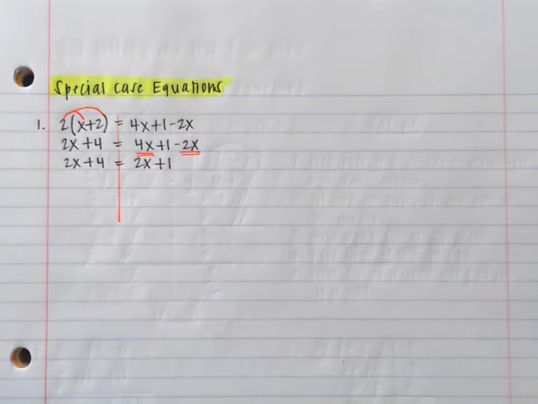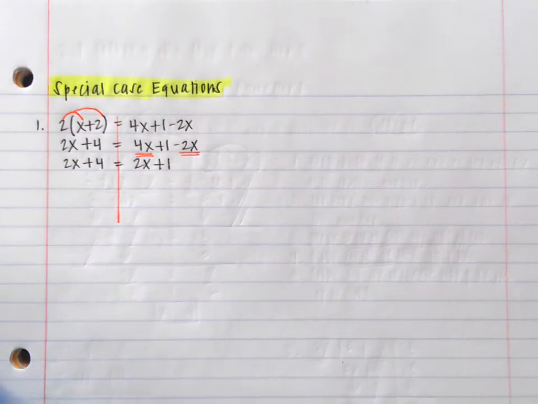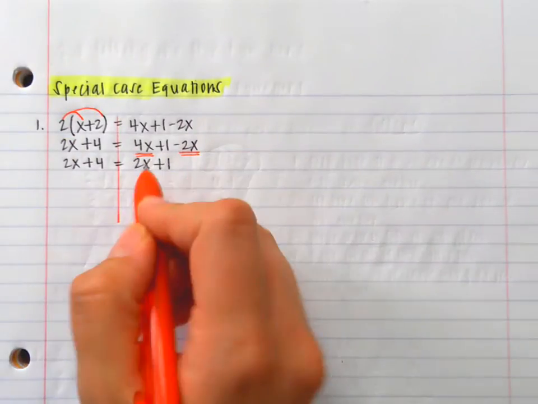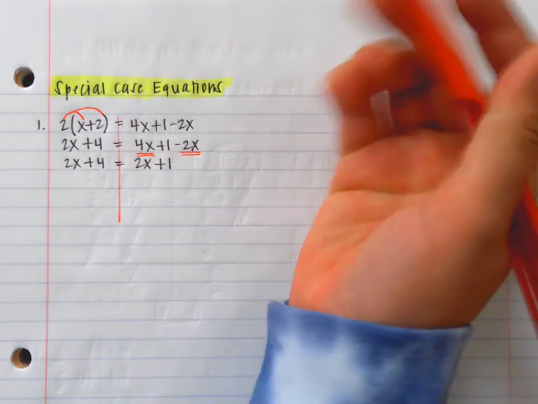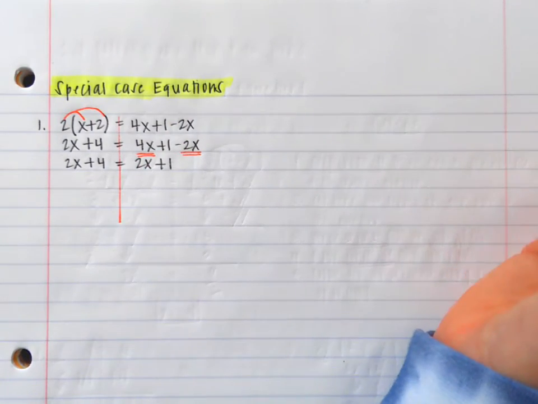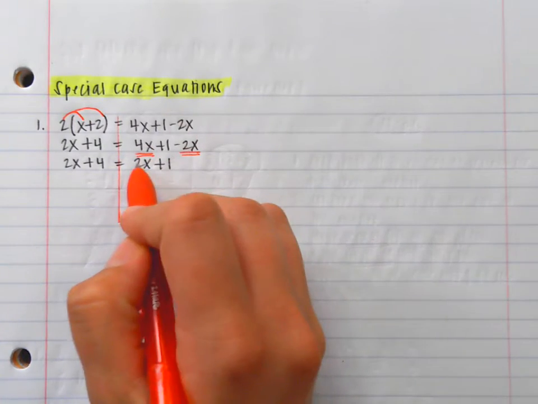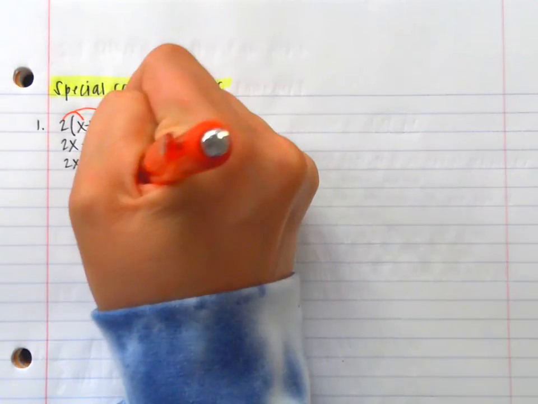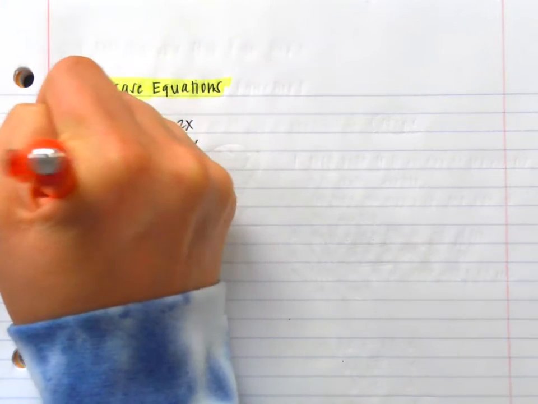Our next step, once we have combined like terms, is to move the variables to one side of the equation. I'm going to move my variables to the left side. If this is a plus 2x, to move it to the other side, we're going to apply our inverse operations. So we subtract 2x here, and then subtract 2x here.